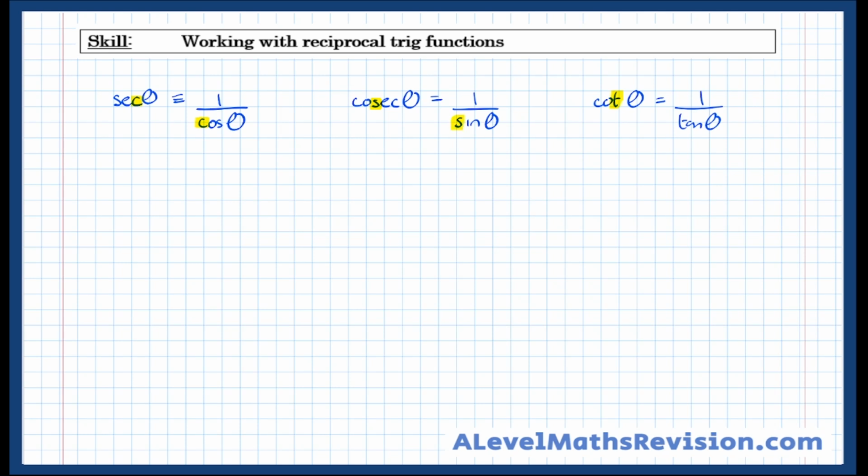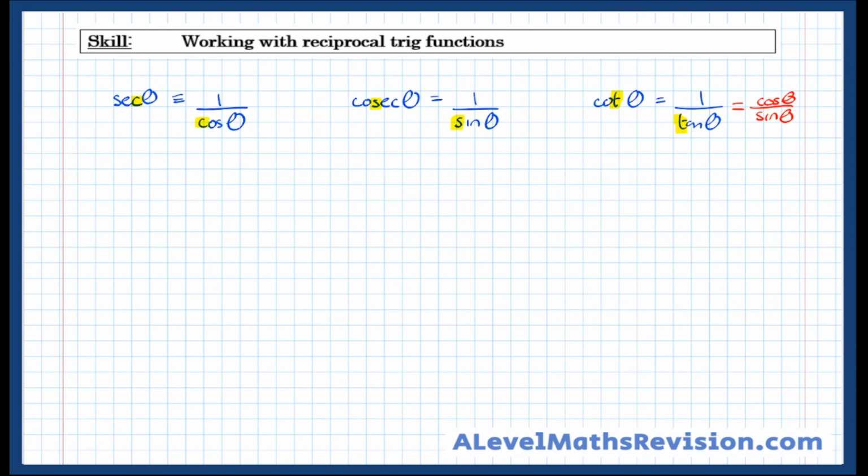The third letter of cot is T, 1 over tan. And one extra thing I should write here, 1 over tan, the reciprocal of tan. Well, tan is sine over cos, so the reciprocal of that is cos theta over sine theta, like that. So three new, not necessarily identities, but three new trig functions you've got to learn.